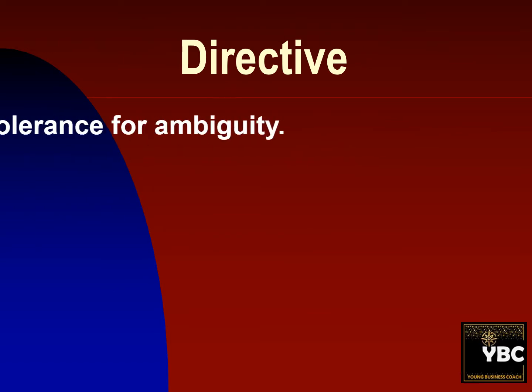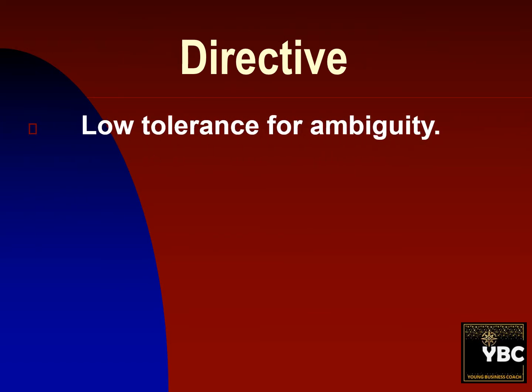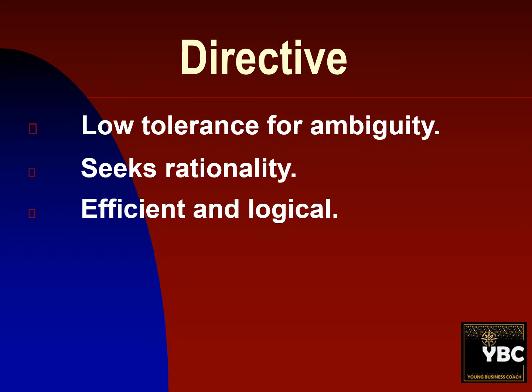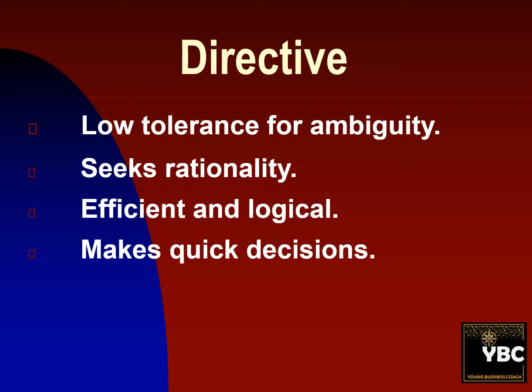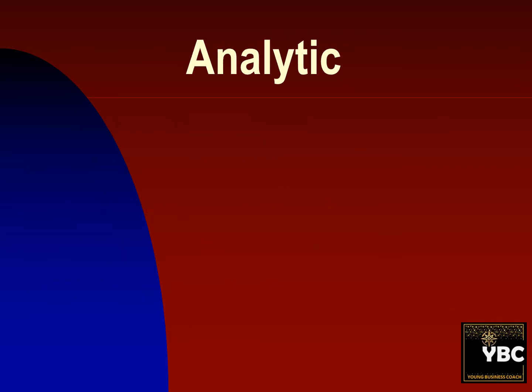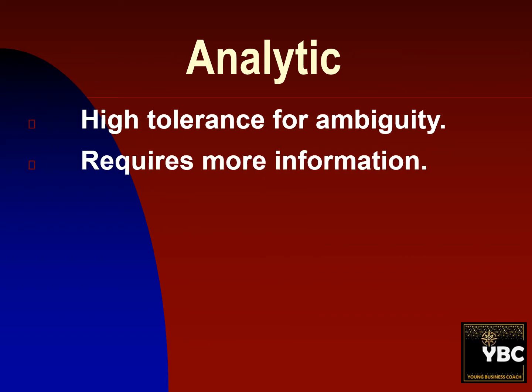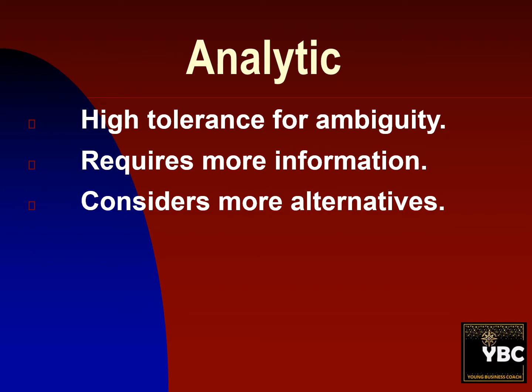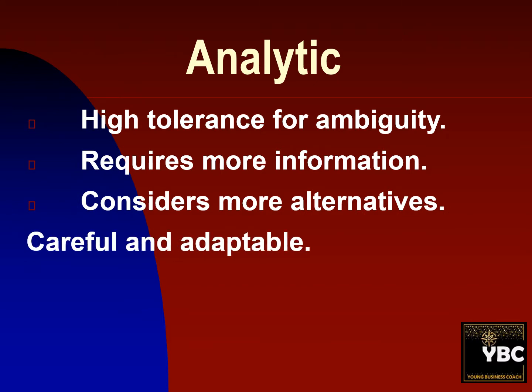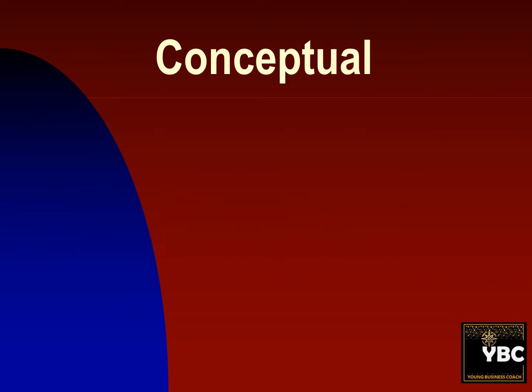Now, directive: low tolerance for ambiguity, seeks rationality, efficient and logical, makes quick decisions, short-term focus. Analytic: high tolerance for ambiguity, requires more information, considers more alternatives, careful and adaptable.